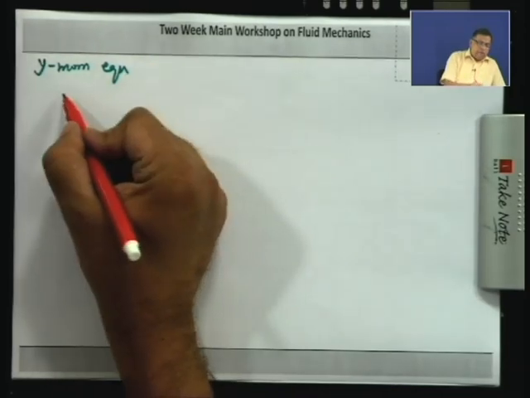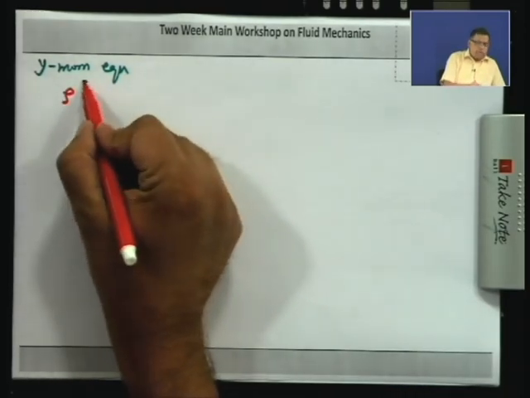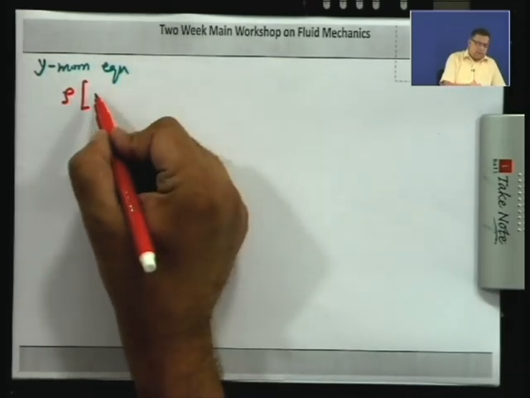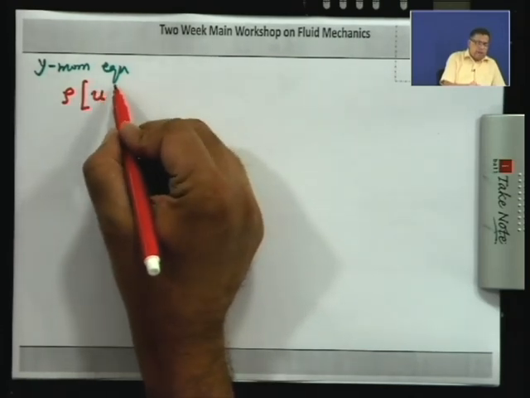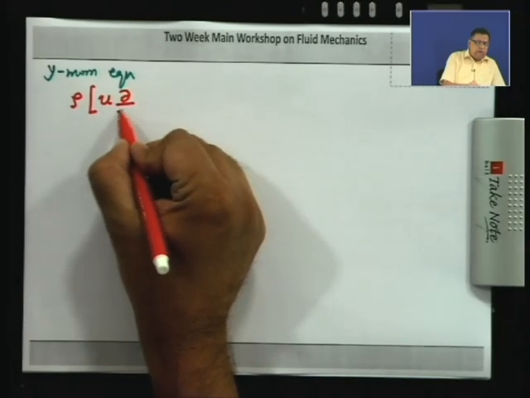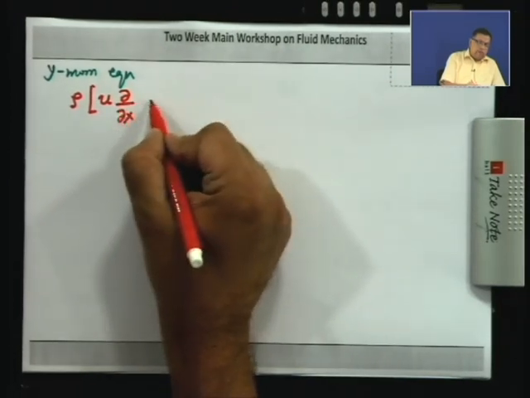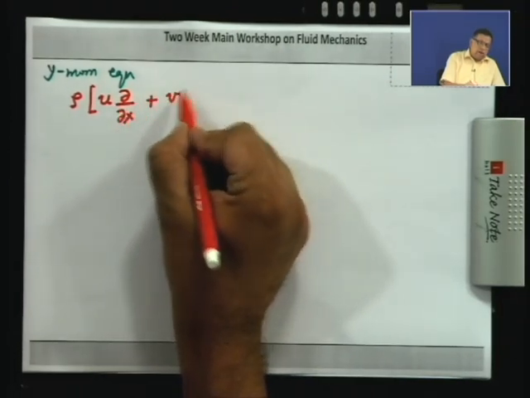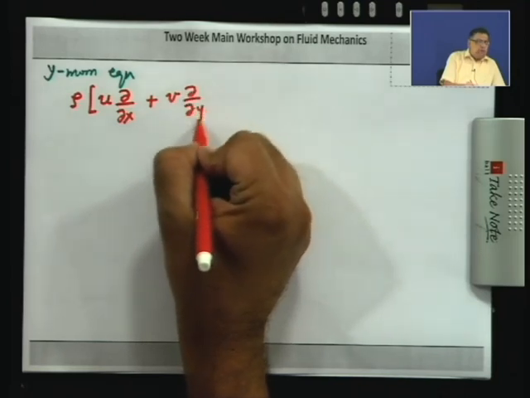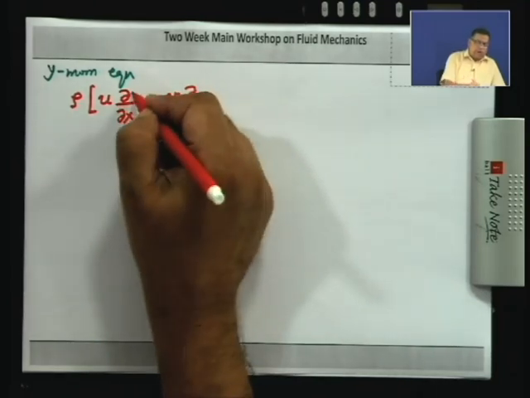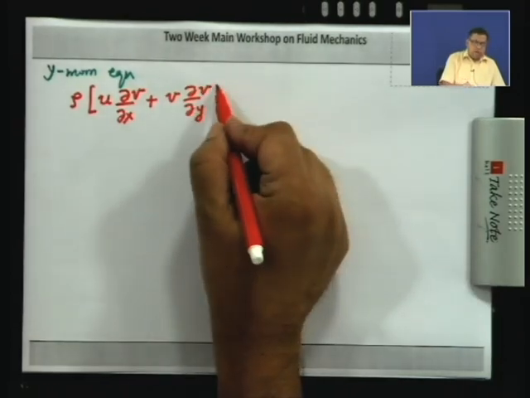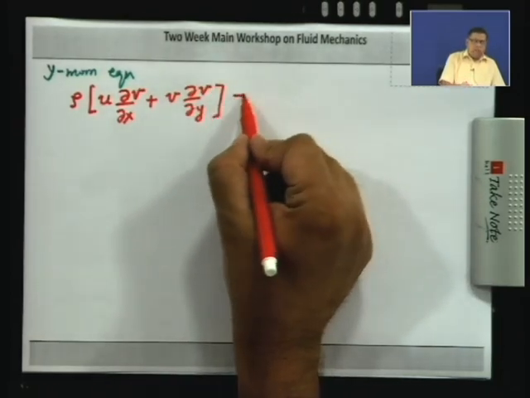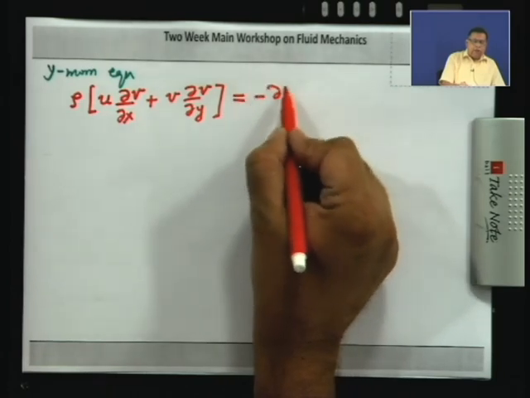So, now you have rho times the acceleration in the y direction. So, we can write it as v dot grad acting on v. So, v dot grad is this operator u del del x plus v del del y for 2D flows. So, this will now act on v, not u. So, this will be equal to minus del p del y.